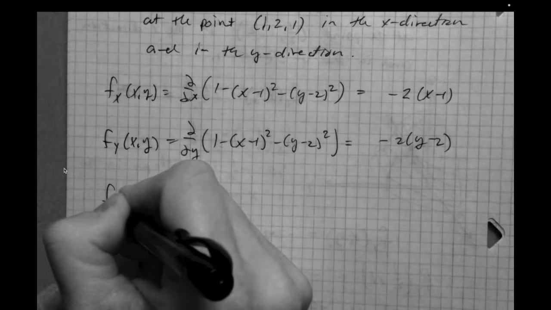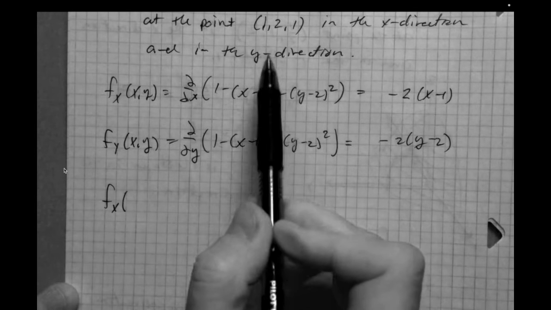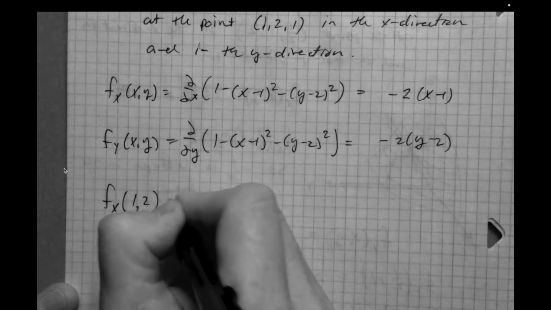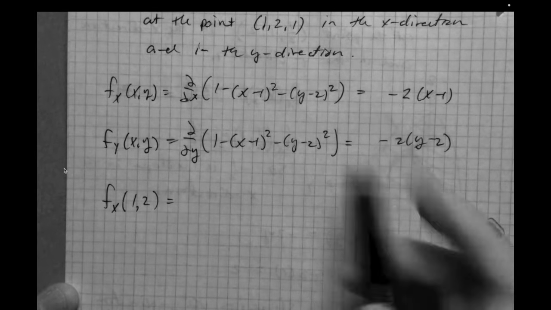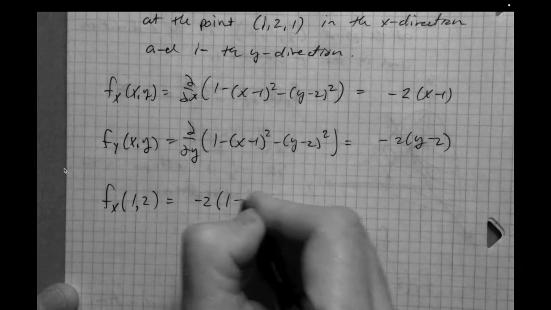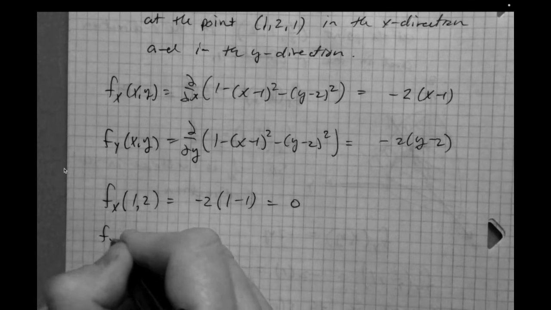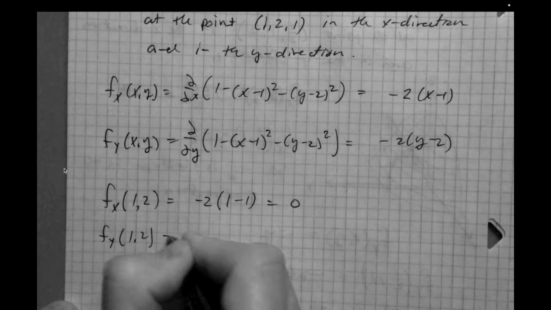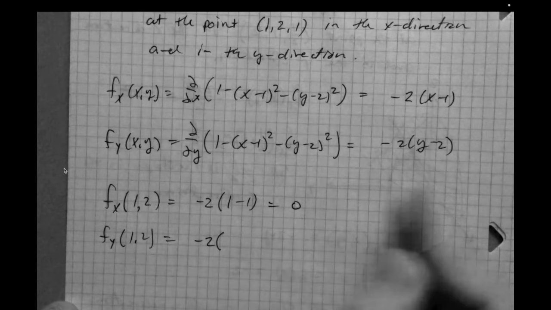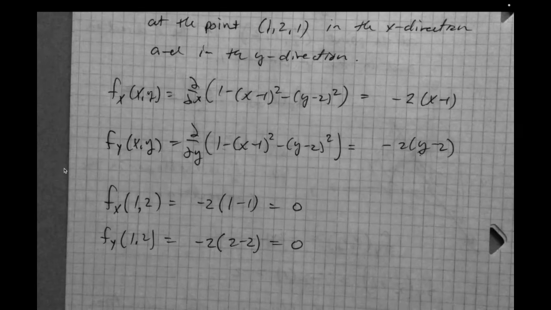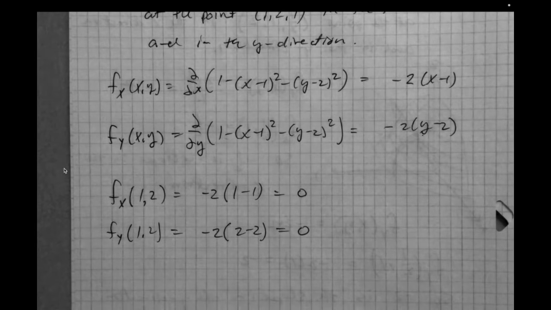Well, f sub x evaluated at 1 and 2 is going to be negative 2 times (1 minus 1), so 0. Okay, what about the y derivative? That'll be negative 2 times (2 minus 2), so again 0. So in this case, both partial derivatives are in agreement at this point.